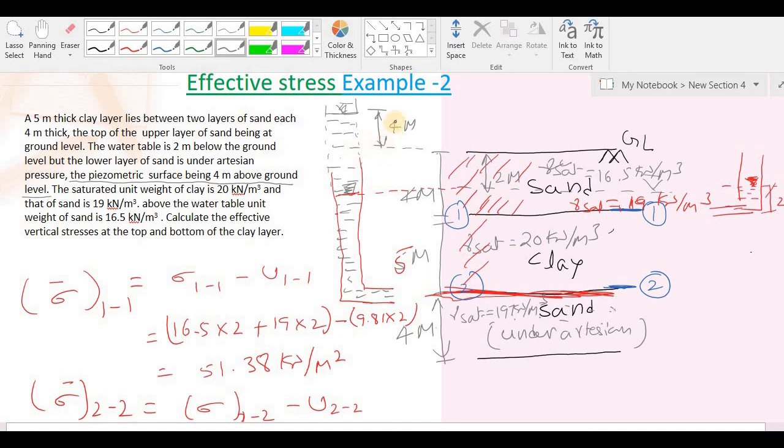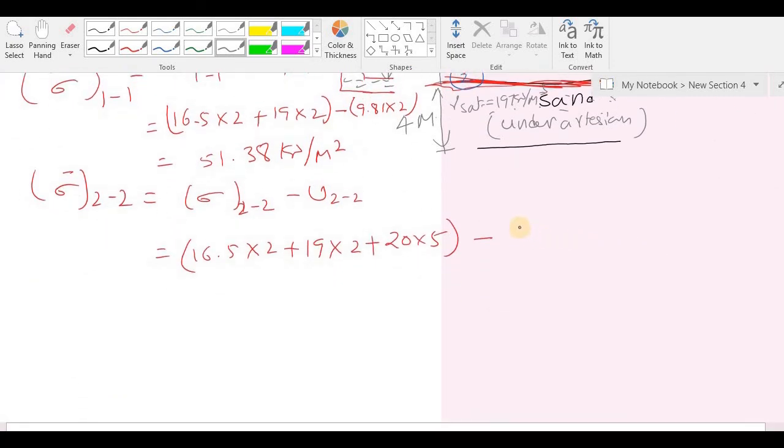So the total height is, this is 4, this is also 4 meters, this is 5 meters. Okay, so 9.81 into 13, which will give 43.47 kilonewton per meter square.